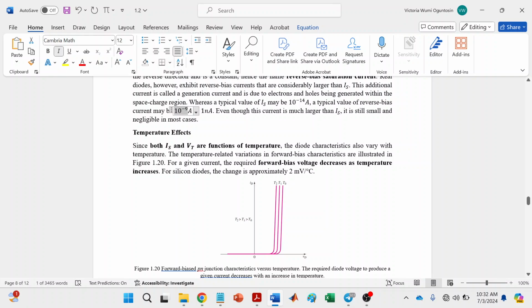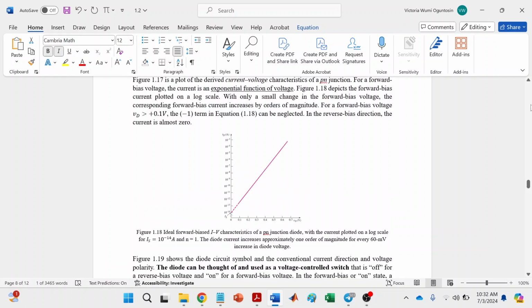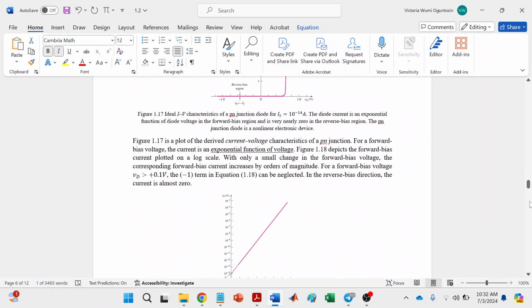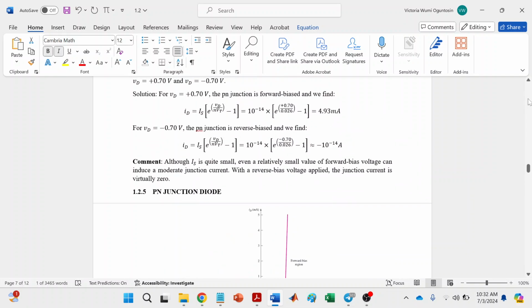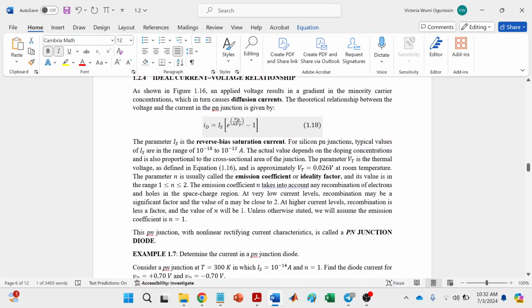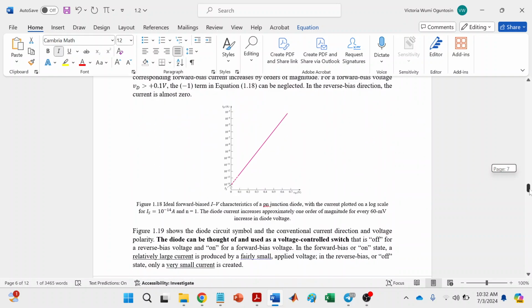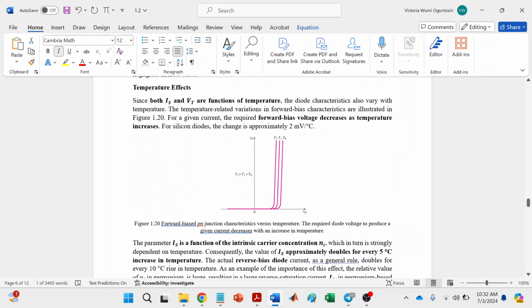In practice, we now consider the effect of temperature. The reverse bias saturation current and Vt, which is the thermal voltage, are functions of temperature. We know that Vt is equal to kT over e. Because the formula for the IV characteristic is a function of Is and a function of Vt, and these two parameters are functions of temperature, the diode characteristic varies with temperature.